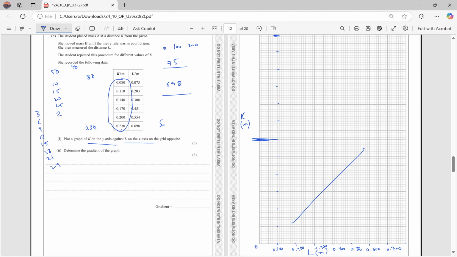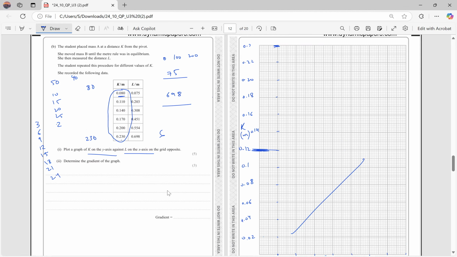Because again, it's in decimals, and the first one starts from 0.08, we can just start from 0.02, 0.04, 0.06, 0.08, 0.1, 0.12, 0.14, 0.16, 0.18, 0.20, 0.22, and 0.24.